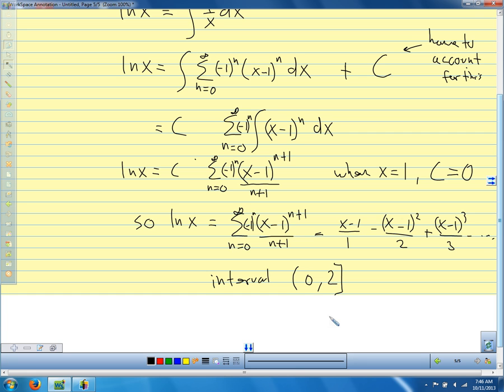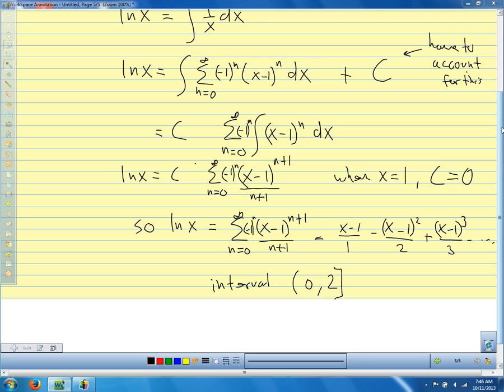So this would be a power series representation for the natural log of x centered at 1 for x between 0 and 2. It would converge for x between 0 and 2. And we found this by taking this integral. We integrated a known power series.